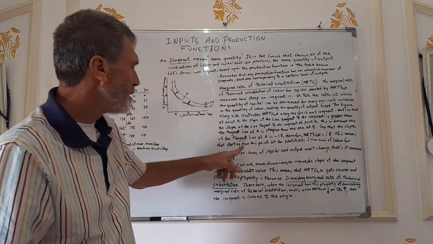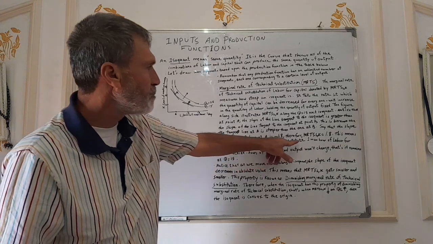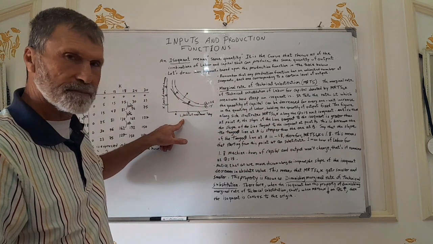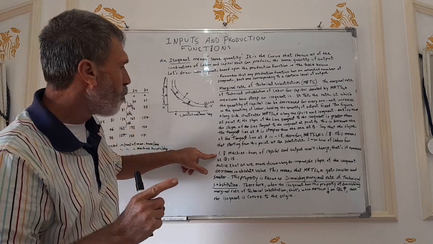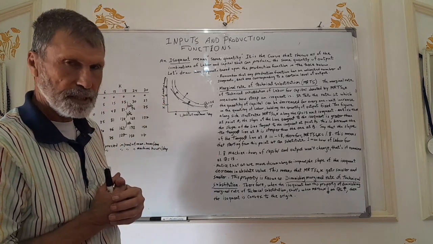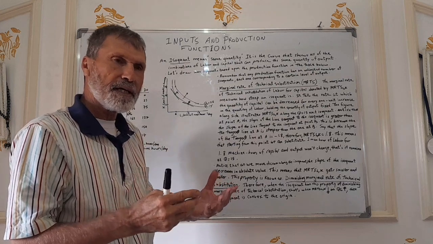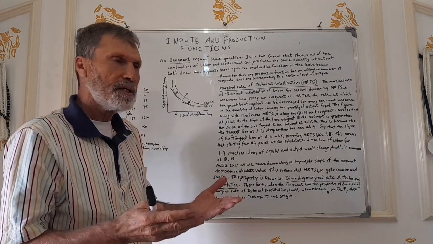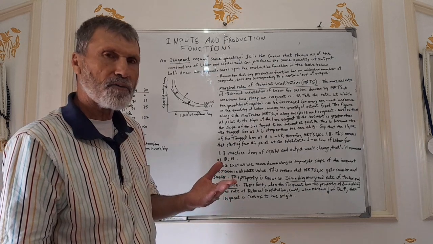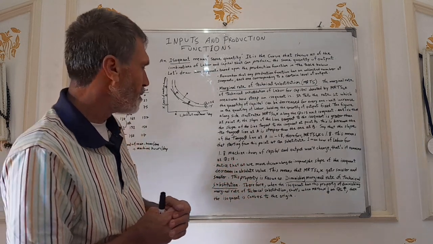This means that starting from point A, we can substitute 1 man-hour of labor for 1.8 machine hours. So the firm, at point A, can make a substitution of 1 man-hour of labor for 1.8 machine hours of capital, okay?